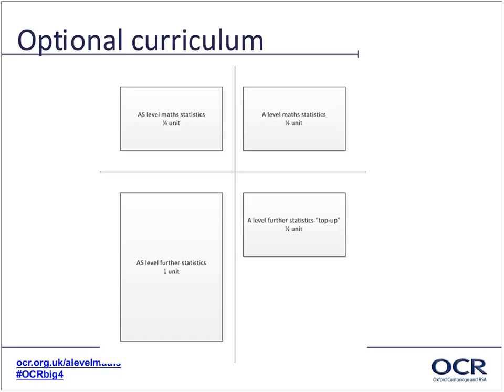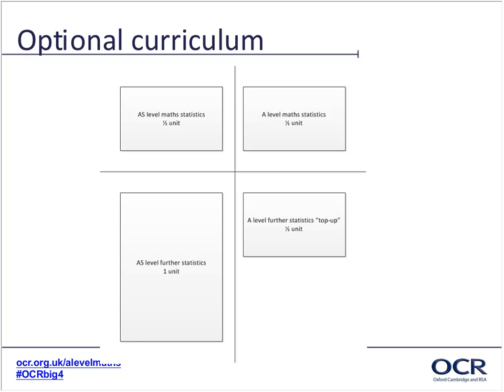And in order for this to be really co-teachable, the 2 AS chunks there need to be teachable together. So that 1 unit's worth of AS level further statistics needs to not rely on the A-level maths half unit of statistics.